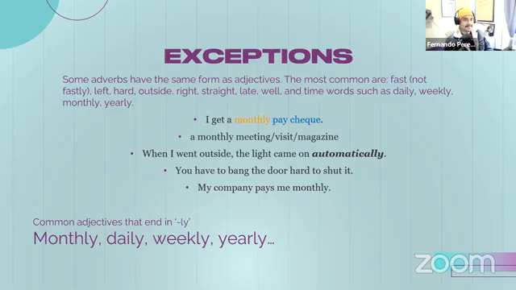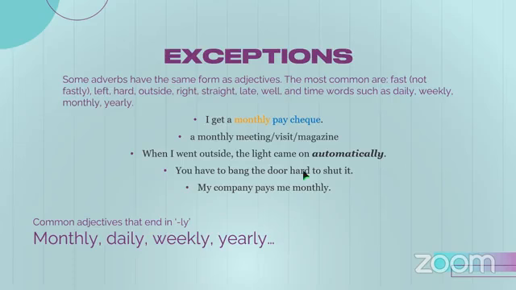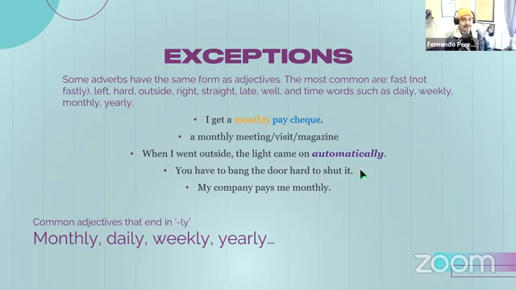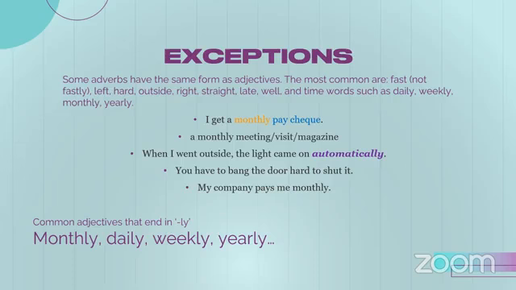Use the same verb. Is the way the light what? Came on. Okay. Exactly. You are correct. Automatically in this case is an adverb. And to be honest, I have no idea why I put it here.